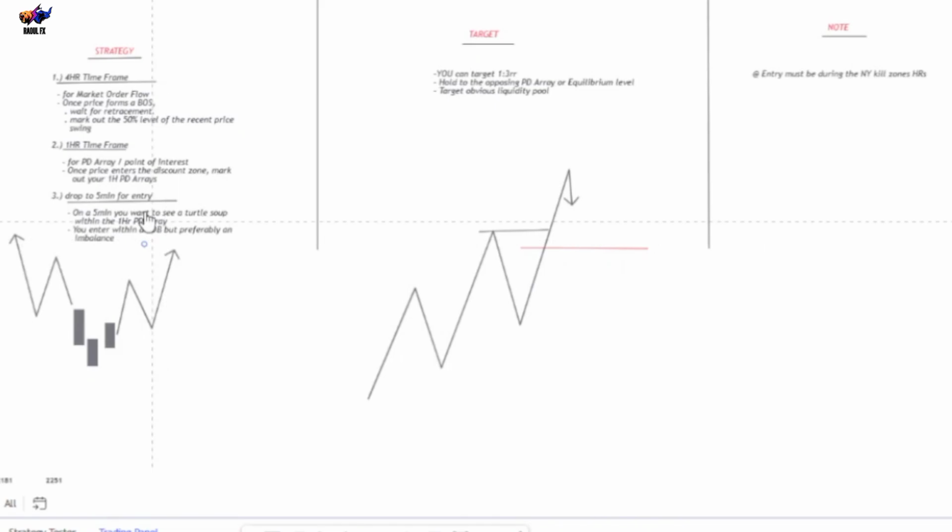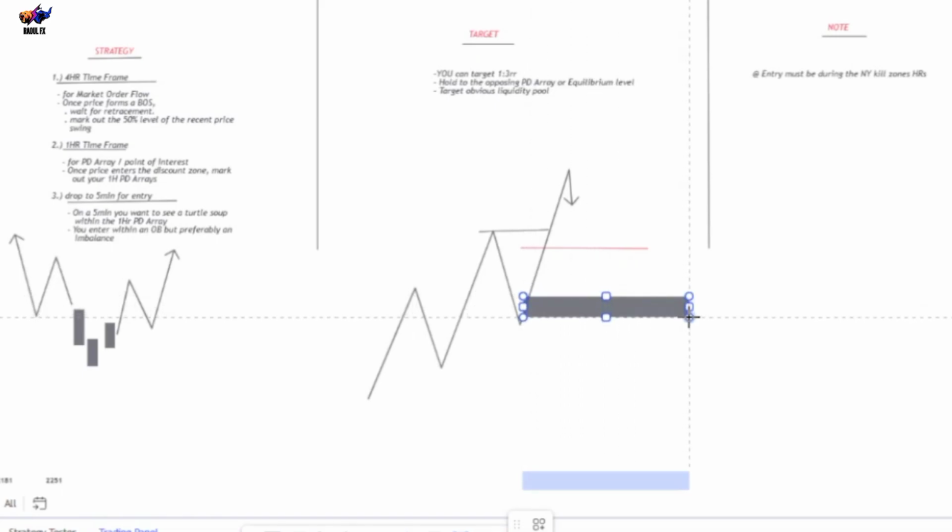So you drop to the 1 hour time frame and you look for any order block. Most preferably, what I usually like to see is an imbalance. So let's just say we have an imbalance right here, right? So that's the second rule.